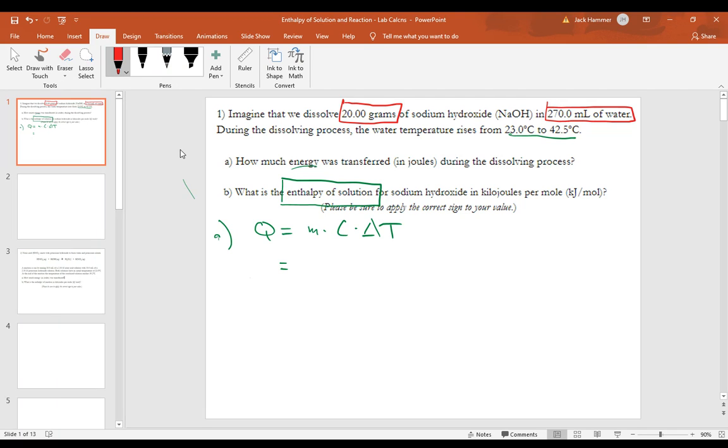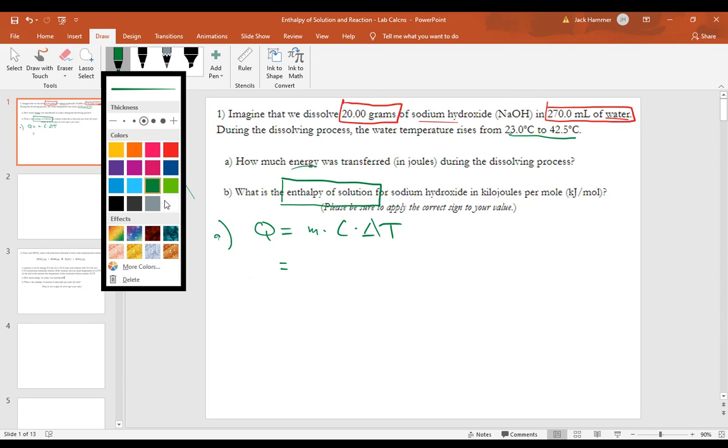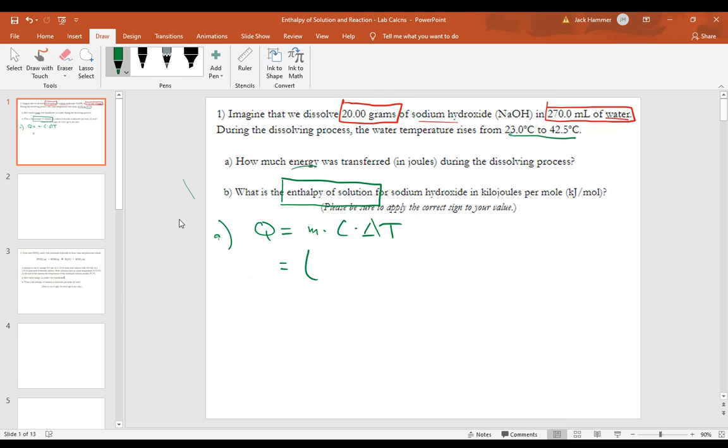The thing that is heating up is the solution, so it's the combination of the sodium hydroxide and the water. And so we need to combine the masses of both of these substances in our MCΔT equation.